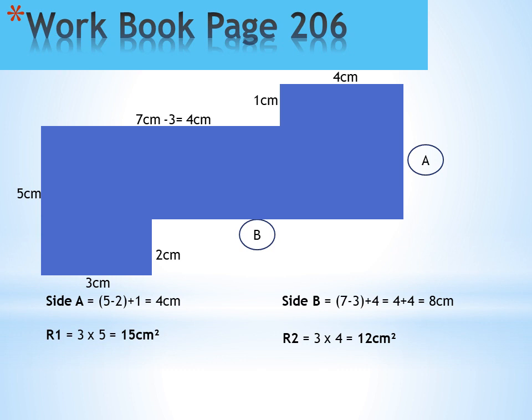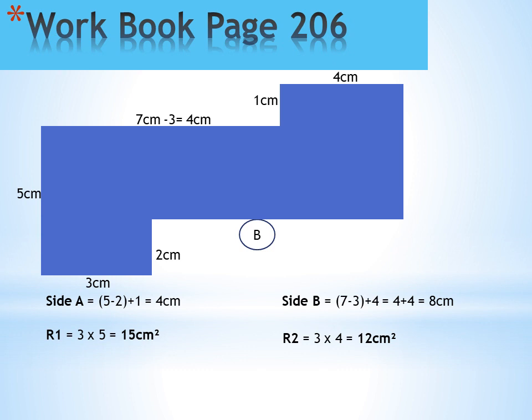Now let's find the area for the third rectangle. We already have our length as 4 centimeters. And what's our width? We found our width to be side A, and side A is also 4 centimeters.